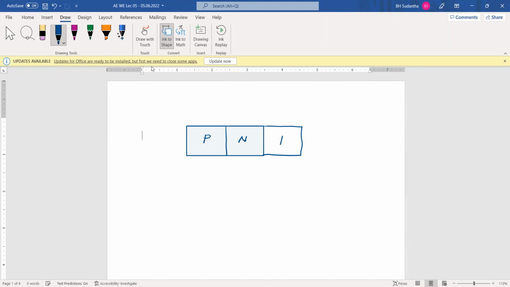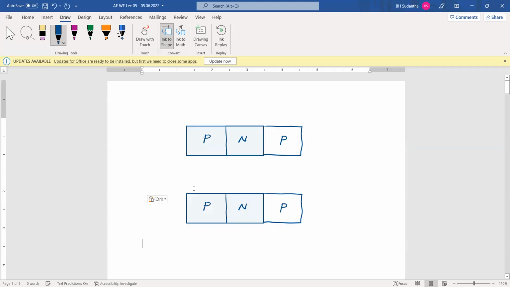Then this is another P. This is one way we can do it, or maybe we can bring another N-type semiconductor block here, making another junction.